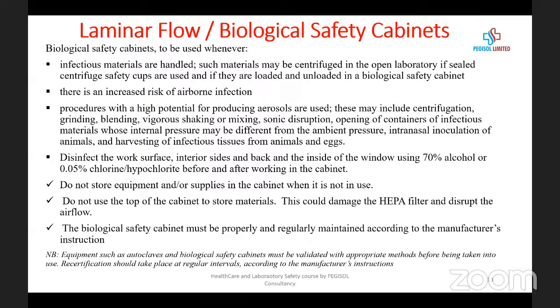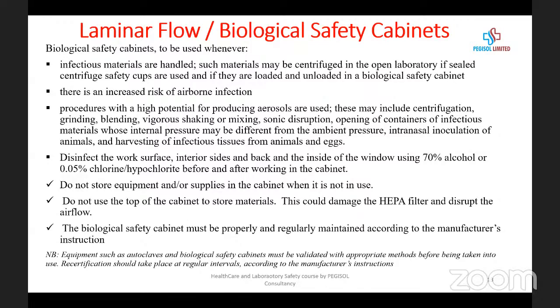When infectious materials are handled, such materials may be centrifuged in the open laboratory. Centrifuge safety cups are used if they are loaded and unloaded in a biological safety cabinet. When there are increased risks of airborne infection, you use what? The biological safety cabinet. Procedures with high potential for producing aerosols, you have to use what? Biosafety cabinet.